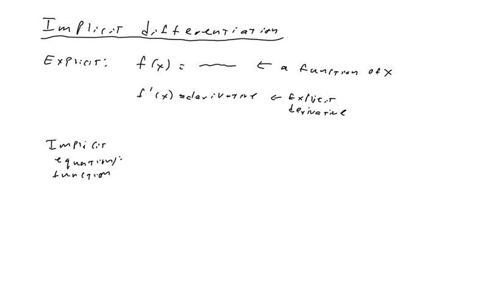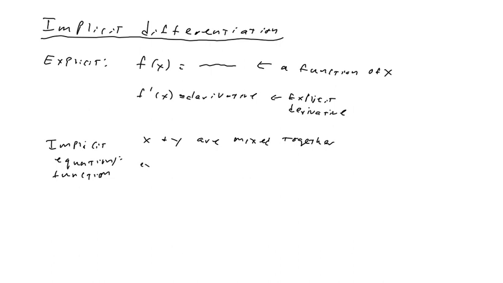Like the y, it's not y equals, right? X and y are mixed together. In an implicit equation, you have a function where it's x and y mixed together.